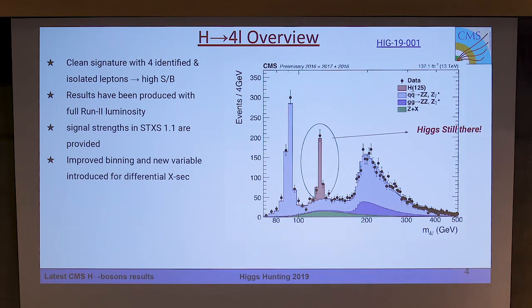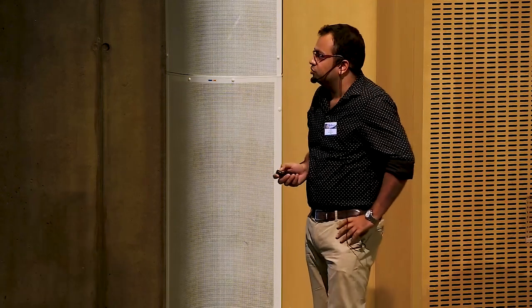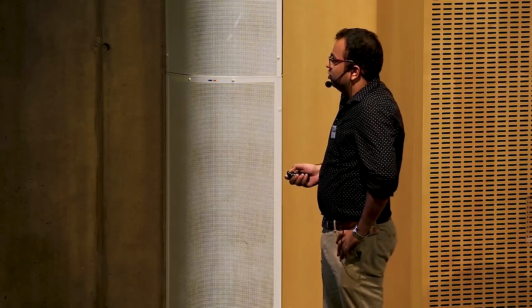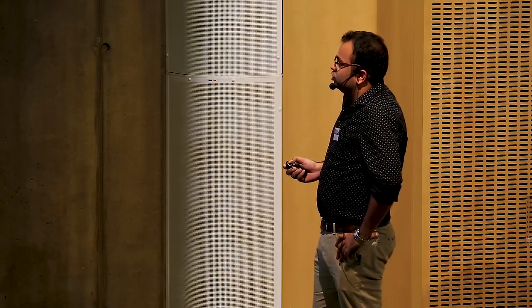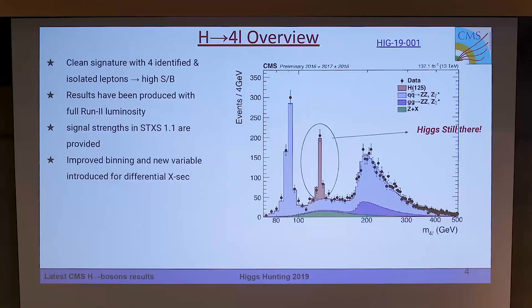The Higgs is still there, and the major irreducible background is ZZ production from the standard model, taken from simulation with corrections up to next-to-leading order, and the Z plus X, which is the reducible background, is estimated using data-driven techniques.